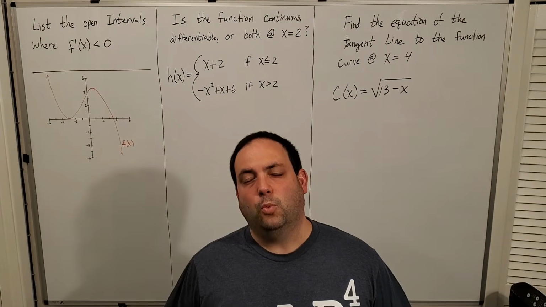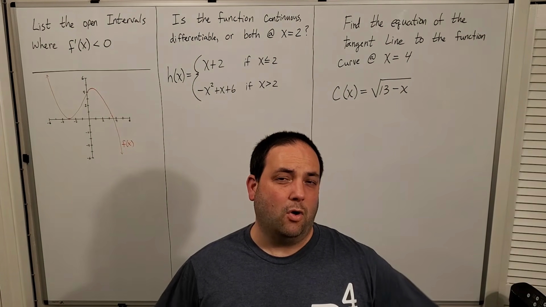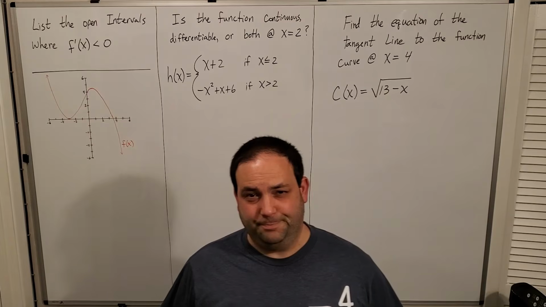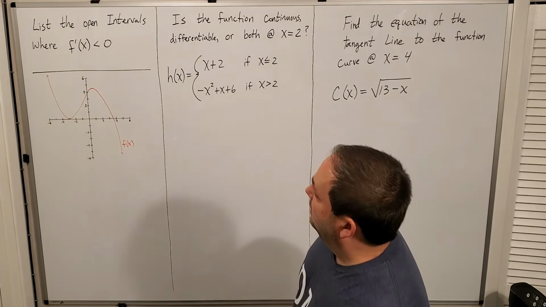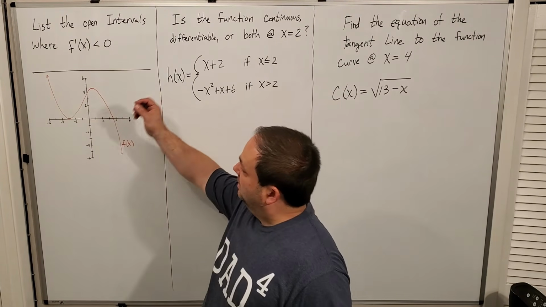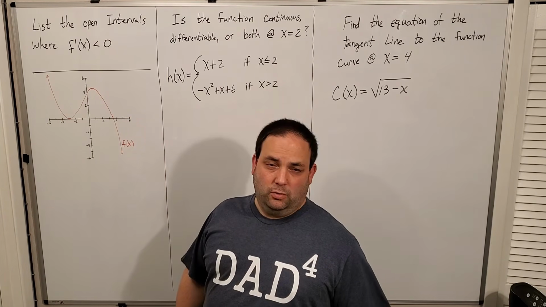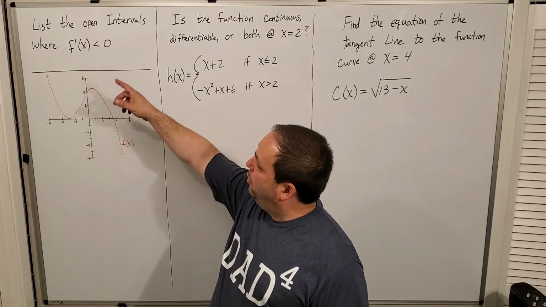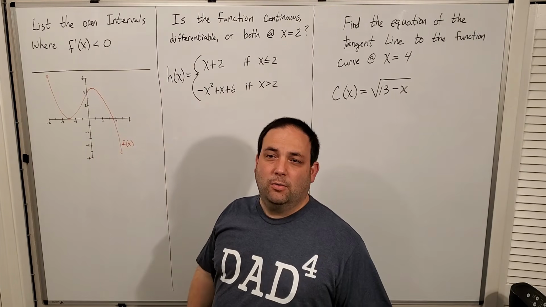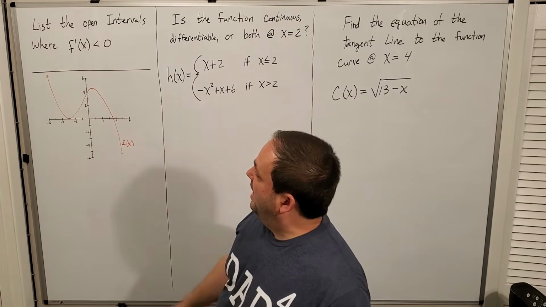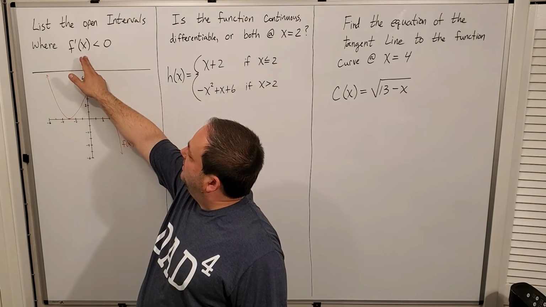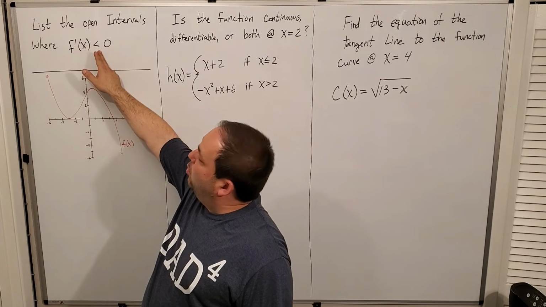Let's finish up with some problems that involve derivatives and their definition. First of all, here's a graph, and it wants you to list the intervals where f prime of x is less than 0. Let's break that down. f prime of x is the derivative, and they want to know where it's negative.